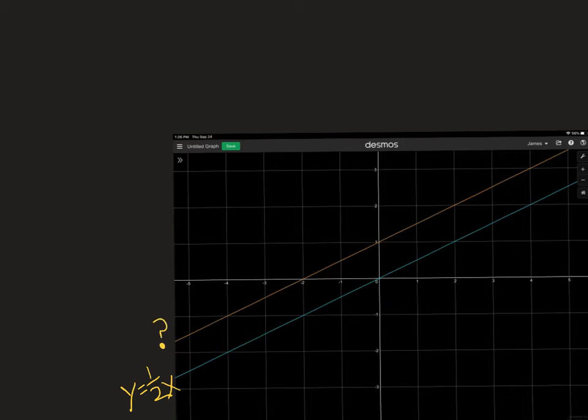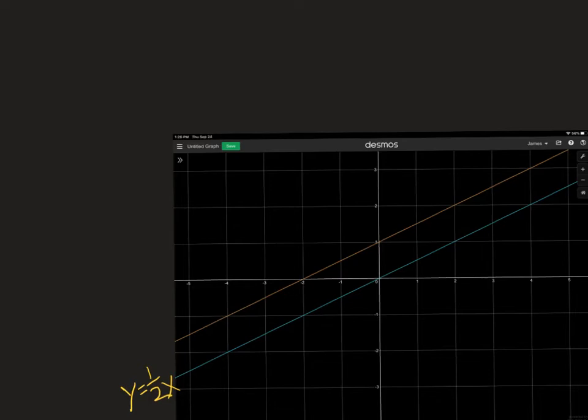Do you guys know what the equation of that line might be? What we notice is it just moved up by 1 unit. Instead of crossing at 0, it now crosses at 1. And if I show you the equation of that line, you probably will figure it out on your own. You don't need me.